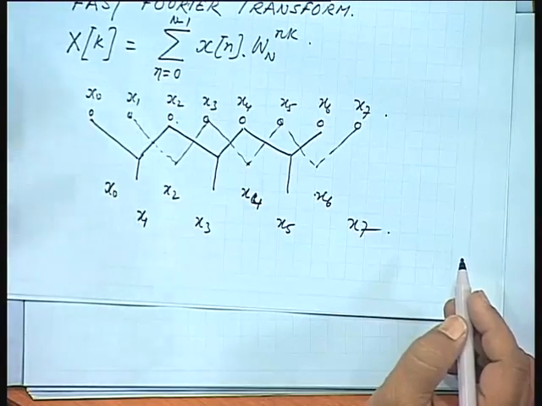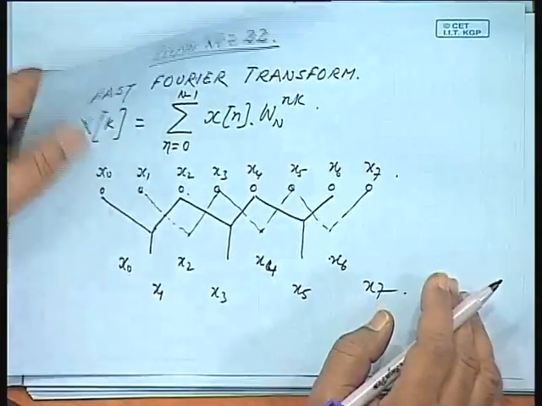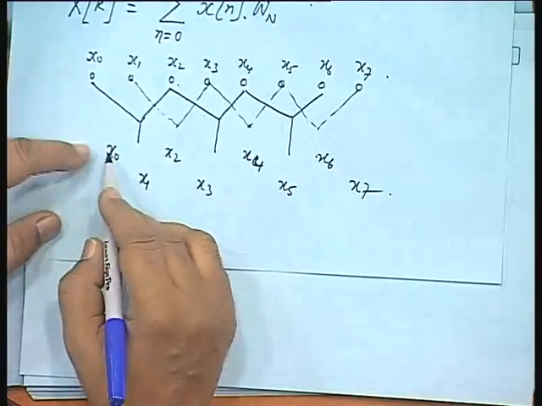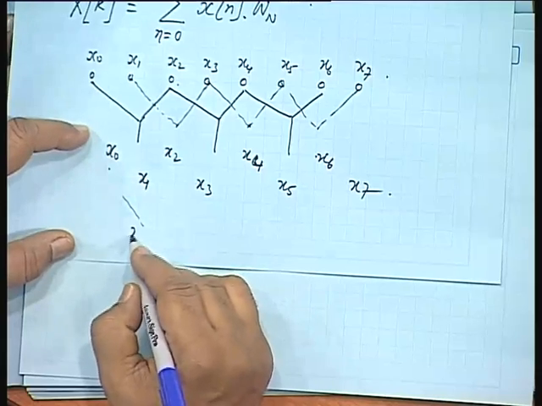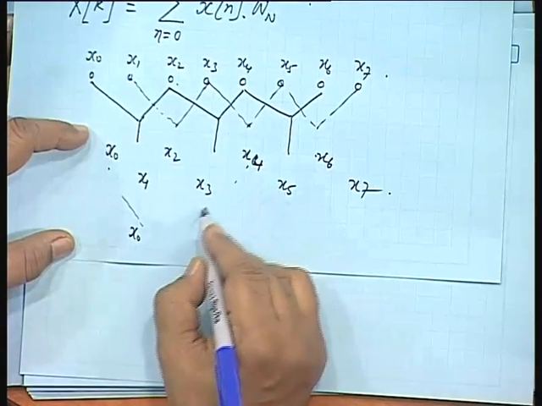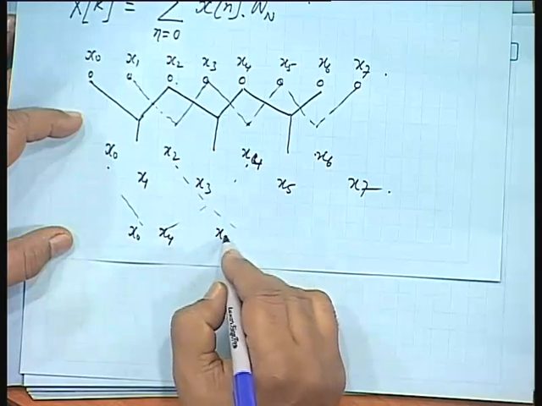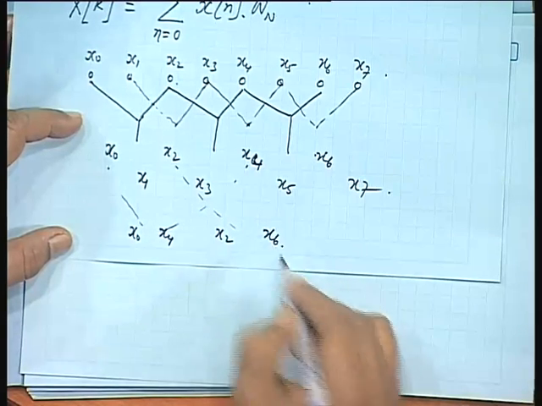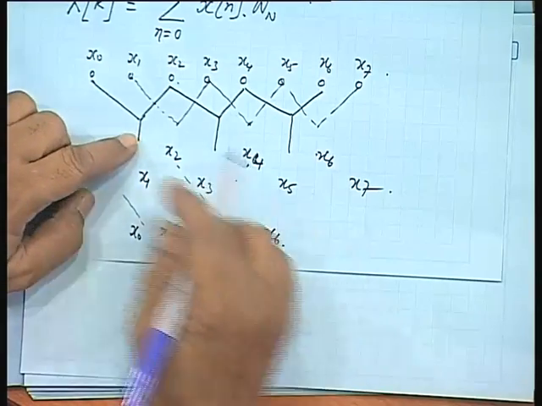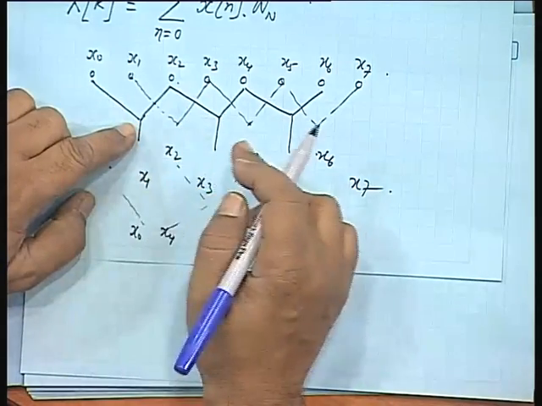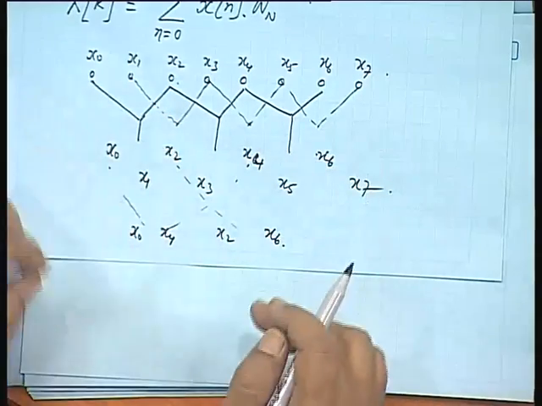We have made two groups. Again, out of these 4 points, if we pick up alternate terms, then the ordering will be x0, x4, x2 and x6. All right. See in this sequence, x0, then the alternate term will be x4. Similarly, the next one will be x2 and x6.